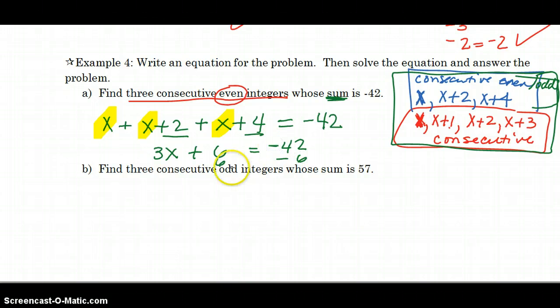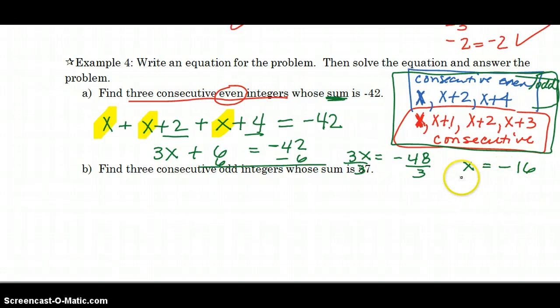It was a negative 42. And so 3x equals negative 48. Divide by 3. And x equals negative 16. So then it said find the 3 consecutive integers. So now I have to plug it in.